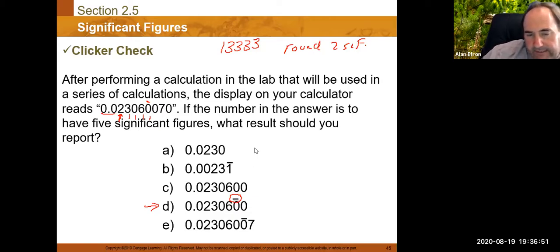So if you're going 2 sig figs, it does take you to here. So perhaps an option somebody wrote was 13. Maybe somebody wrote 13,000. Maybe somebody wrote 1.3 times 10 to the 4th.